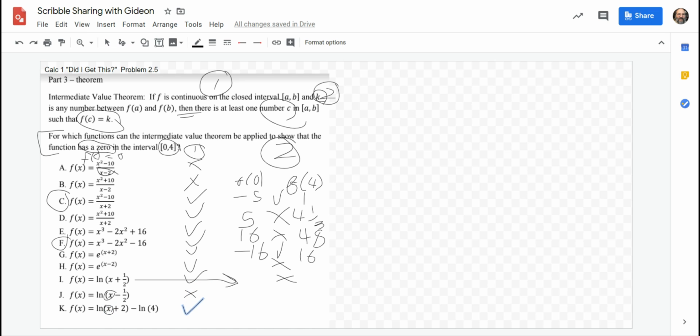And then again, I will let you do the computation to see whether or not we have a negative and a positive at the endpoints. If we do, then we know 0 is in between. If we don't, we can't use the intermediate value theorem. So there might be a 0, there might not, but we can't use the intermediate value theorem. So there you go. I'll leave the details of a couple of these to you.